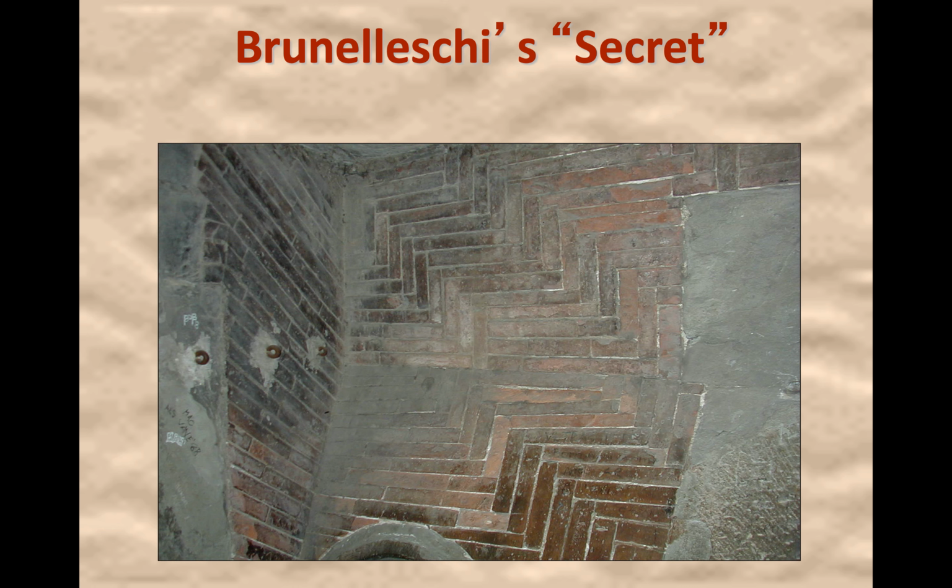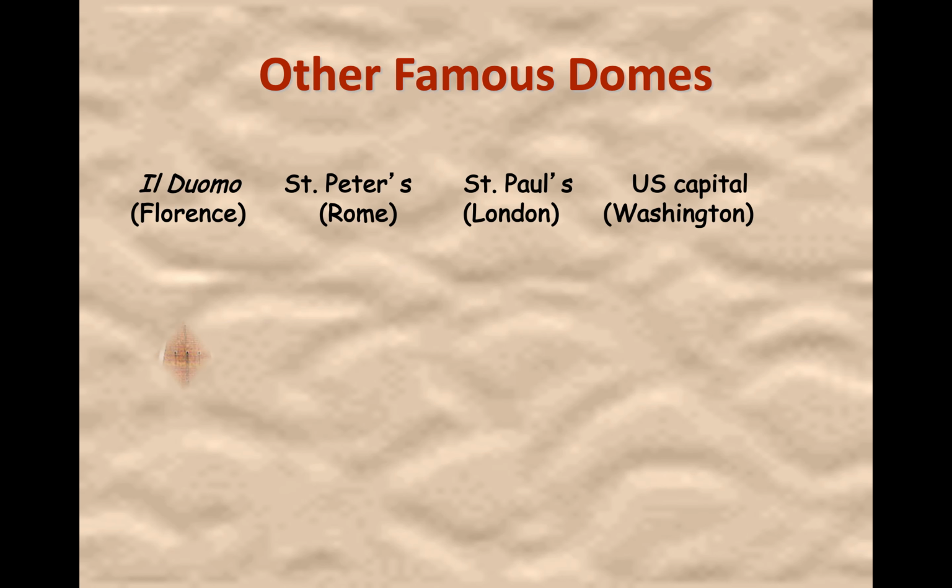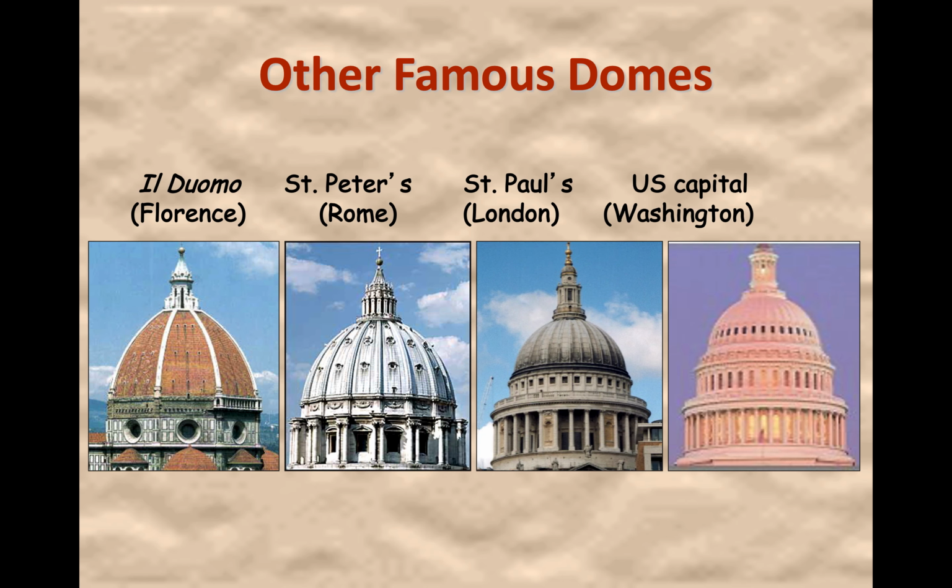Brand new idea. New technique. He took the math, the influence from the Greeks and Romans, and put that into his dome. This is math in action. This is the Greeks and Romans within Renaissance architecture. Amazing. Incredible.